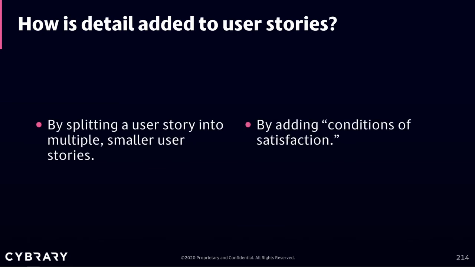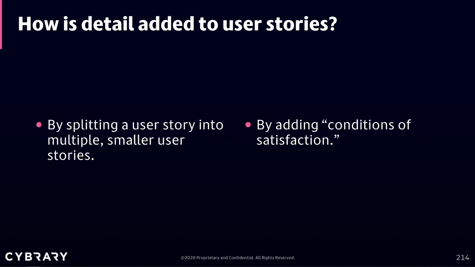How is detail added to user stories? By splitting the user stories into multiple smaller user stories. Some people would call them a subtask. By adding conditions of satisfaction. Details can be added to user stories.